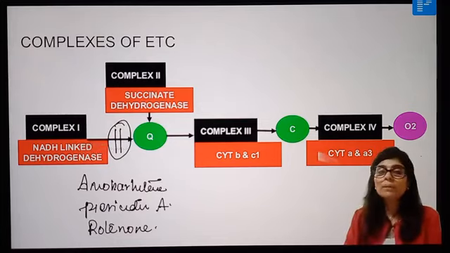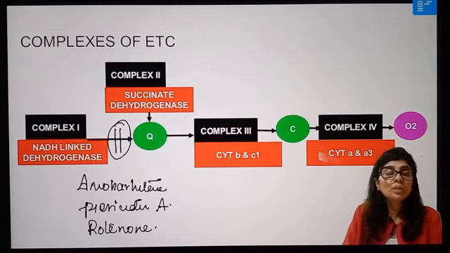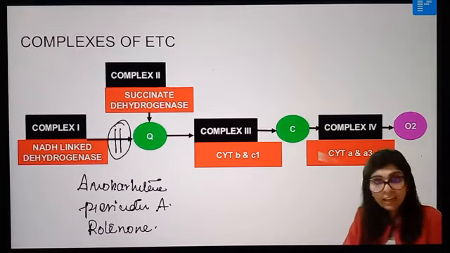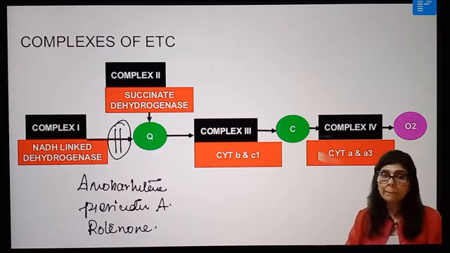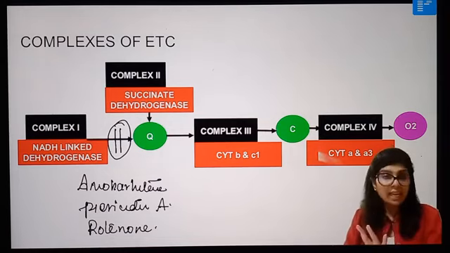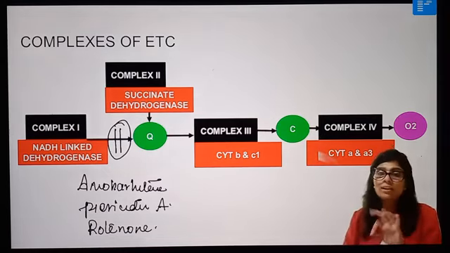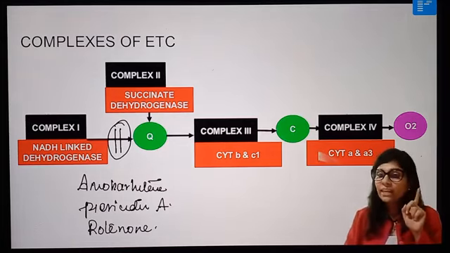How can you remember this? Easy to remember. 1, the first alphabet is A, right? Between 1 and Q, the first alphabet is A. Don't you see that all 3 names have got something to do with A? Amobarbitol starts with A, piericidin A ends with A, and rotenone is not vitamin A, but it sounds like vitamin A, right?